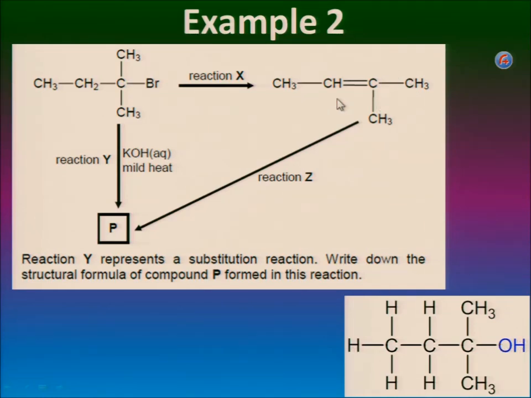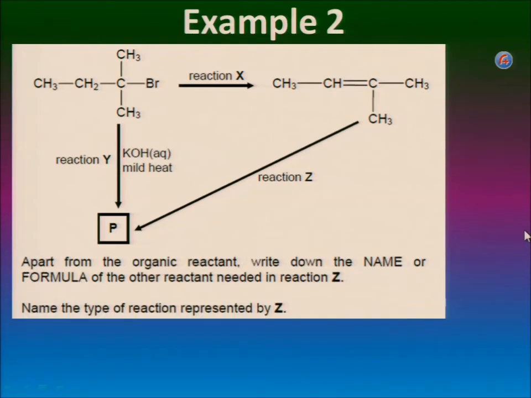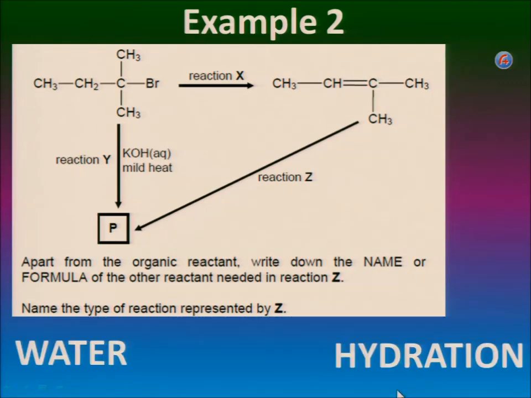So to go from the alkene to P, you are adding water. You are adding a hydroxy group here and you are adding a hydrogen. So the type of reaction represented by Z must be hydration because you are adding water to your alkene to form an alcohol. So Z is hydration.